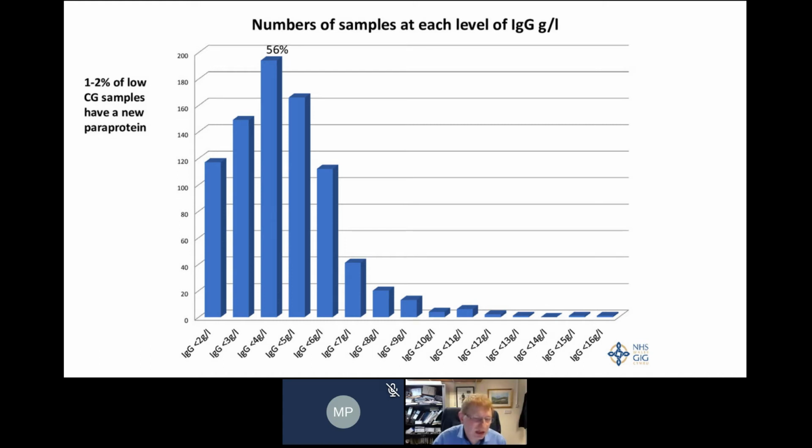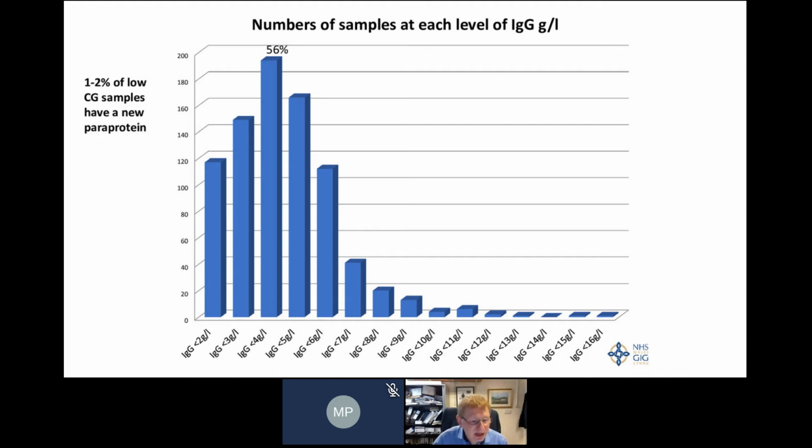So that was certainly helpful for us to know that it was working. And then we found also that 56% of the samples were less than 4 grams per litre. So we thought we had something that we might be able to use to helpfully screen.